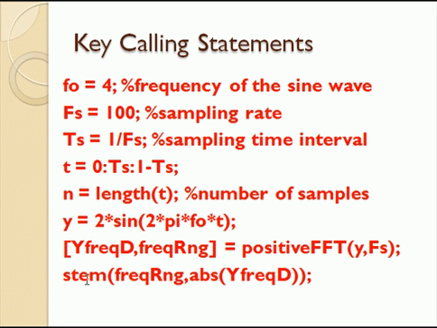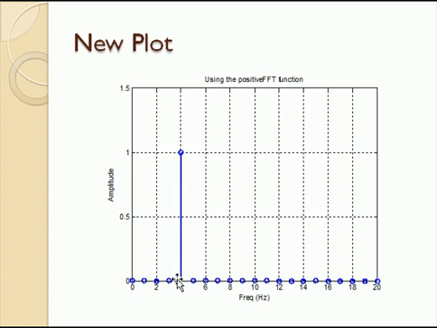So then we do a stem plot using freq range as the x-axis and then the magnitude of y freq d as the y-axis. So now we get this. Again, we split off the symmetric part of this, so we're only looking at positive frequencies. The frequency now goes from 0 to 20 hertz, and you can see this big spike at 4 hertz, which is just what you'd expect from a single frequency sine wave.